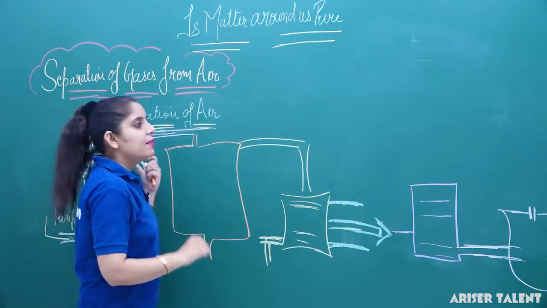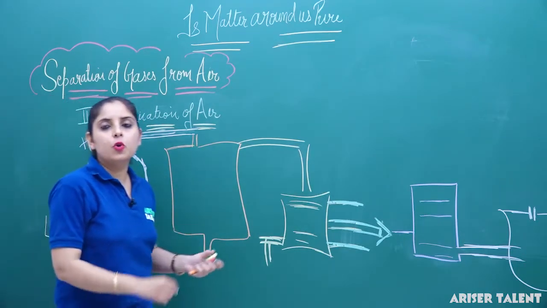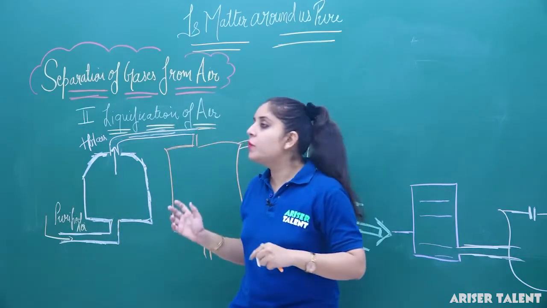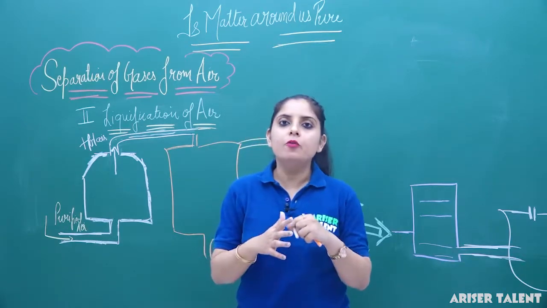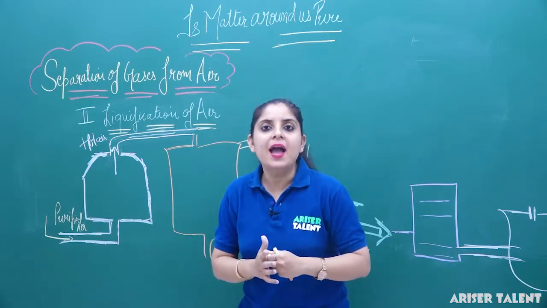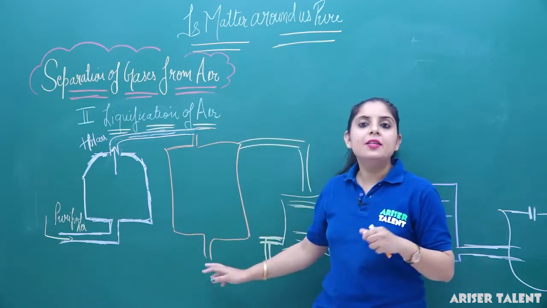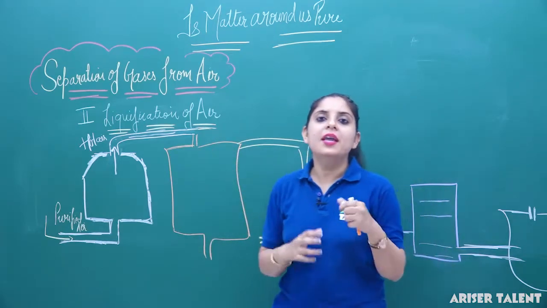After this, the system in which the air is passed is connected through a column which consists of spiral rings and through which the gases are passed. Now, if you are passing this air, you have to provide an inlet and outlet for the gases. So, for this inlet, the cold air is going to pass from this, and this is an outlet from which the air escapes out.